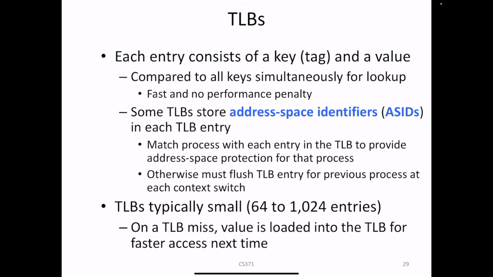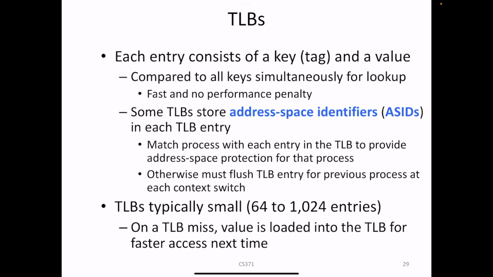And also, some TLBs will store address space identifiers, which is shortened as ASIDs, in each TLB entry to indicate whether the entry belongs to the looking process or not. For efficiency purposes, the typical size of a TLB is quite small, usually 64 to 1024 entries.